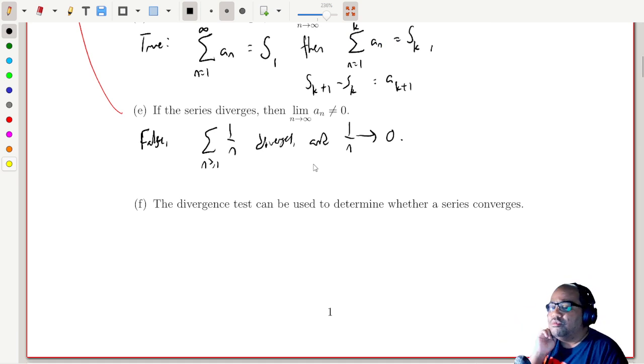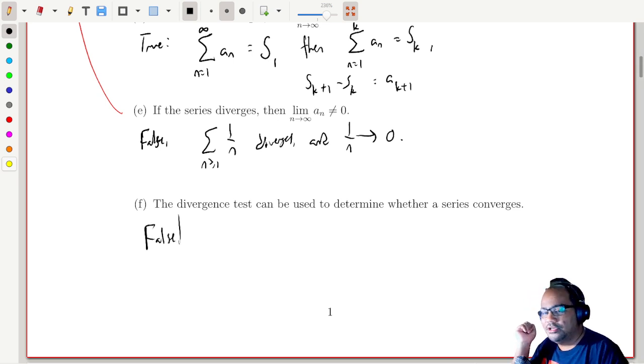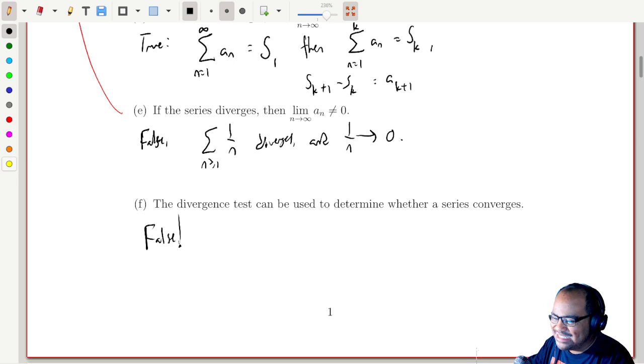Now, this one's really important here. The divergence test can be used to determine whether a series converges. This is actually false. Just because you don't get a result from the divergence test doesn't tell you anything about convergence at all. That's why it's called a divergence test.